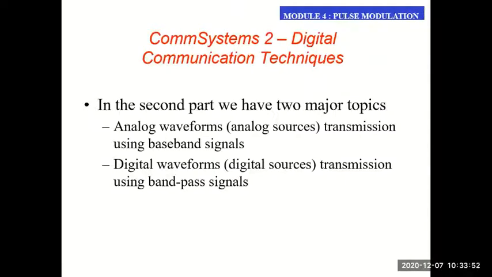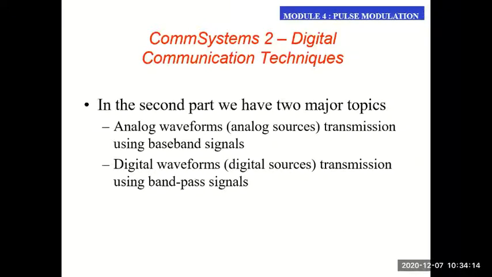Now coming to these digital communication techniques, first we have to study two major topics, that is analog waveforms which are transmitted using baseband signals, and then digital waveforms coming from digital sources that can be transmitted with baseband signals.